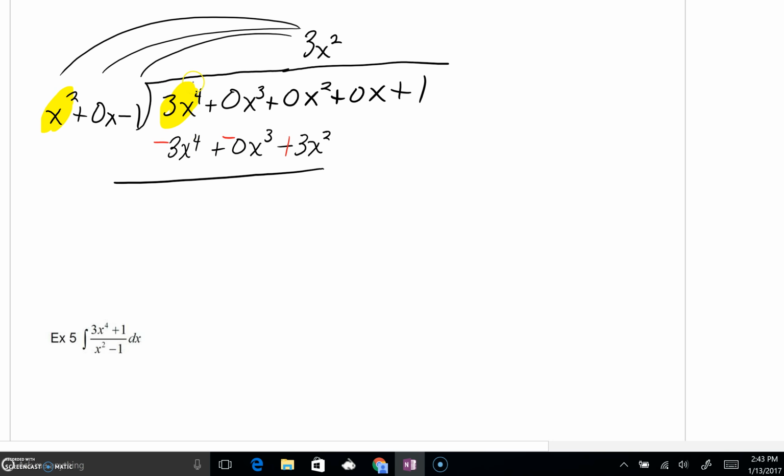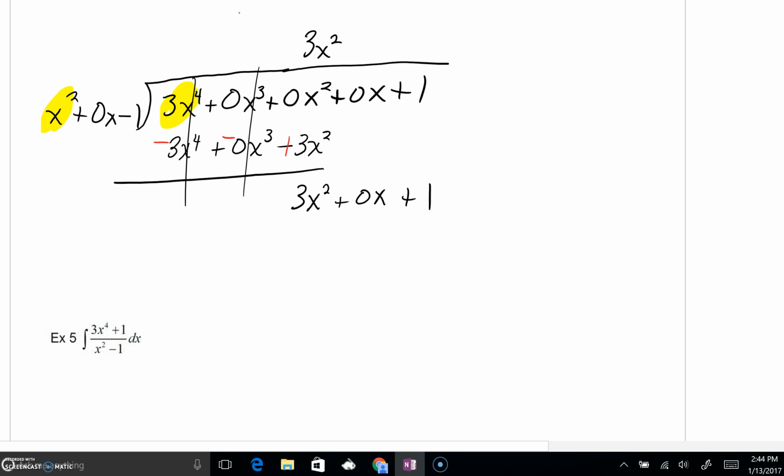You're going to see quickly, I hope, that 2 columns cancel out. We'll have 3x squared right here. Because 2 terms canceled out, bring down 2 more terms. The number of columns canceled out will require how many new terms are brought down. And now we repeat this process. We can say, well, what times x squared would get us a 3x squared? I hope quickly we can say the answer is 3.